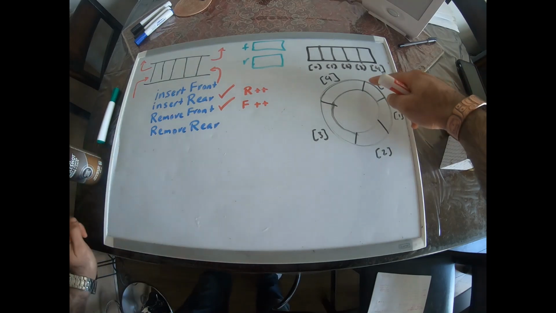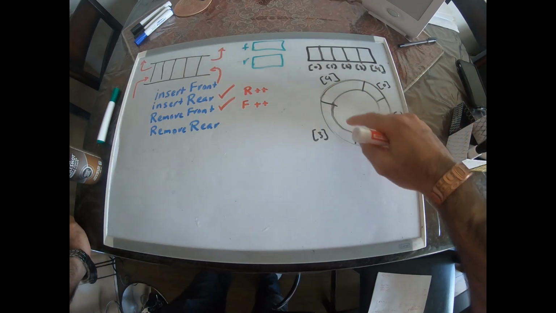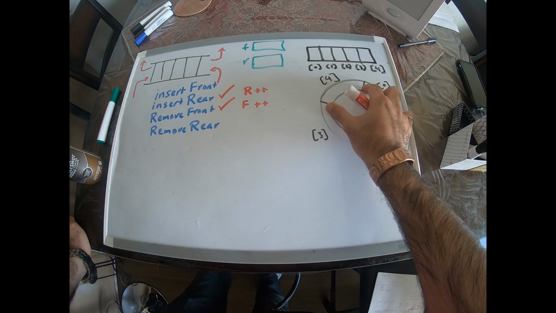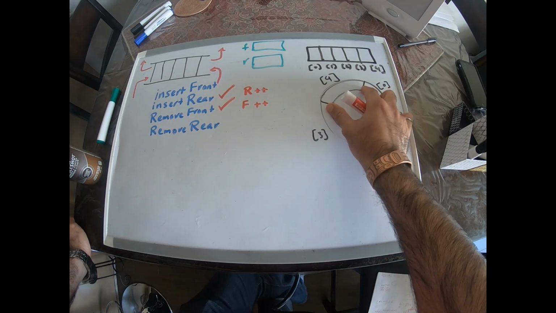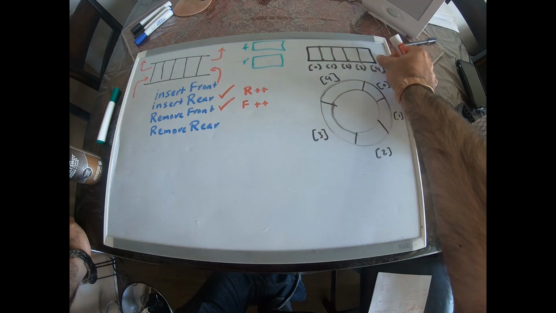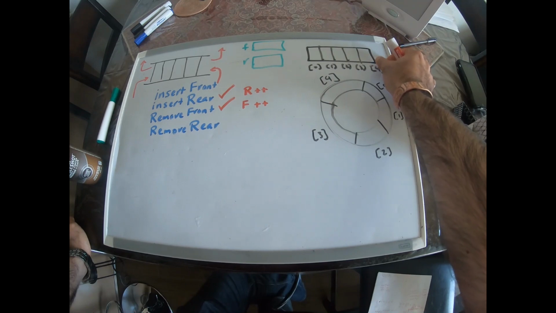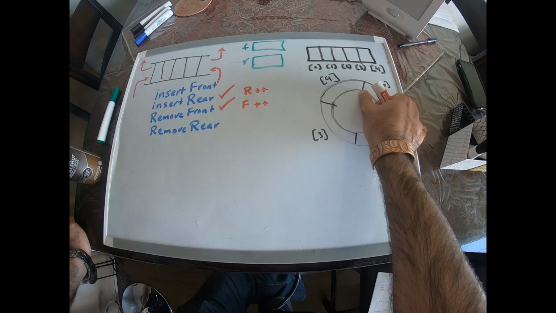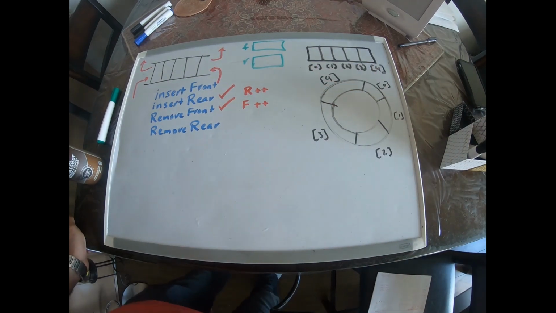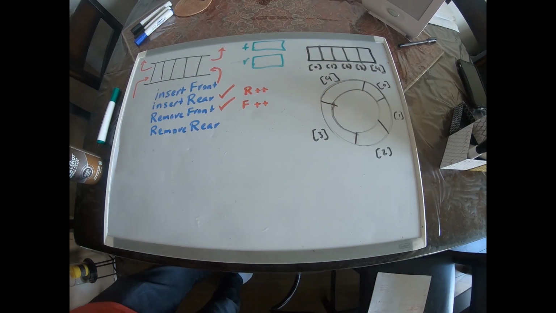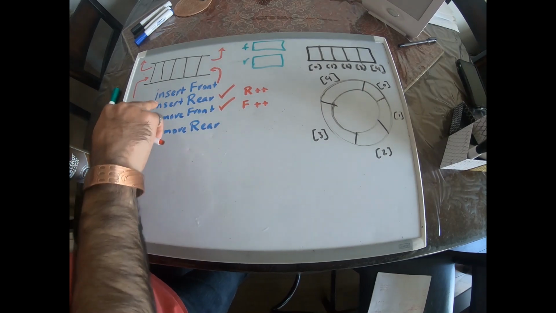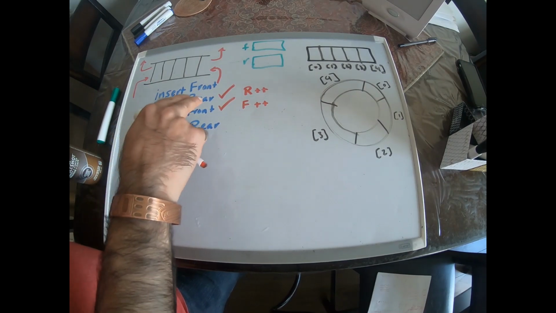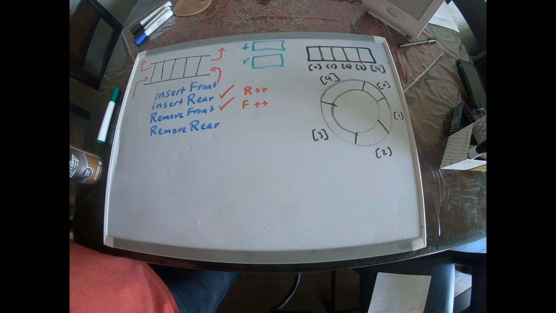But because we have a circular concept, once you reach the end of the array, instead of just incrementing, because we're going to get out of bound, we reset the index to 0, both for the front and the rear. I'll implement them anyway, though you have seen them before, because it's going to be a good review.